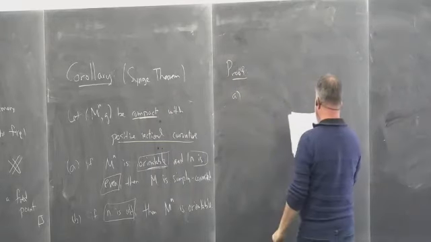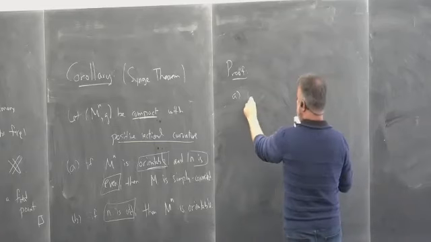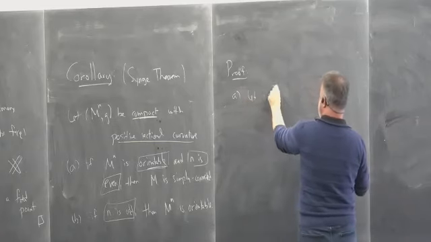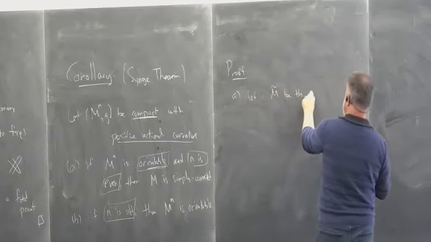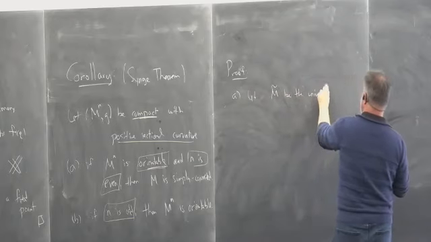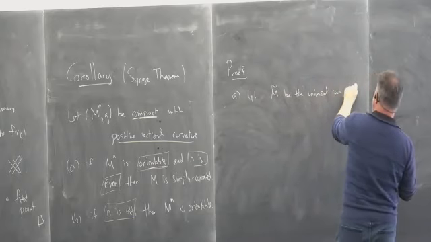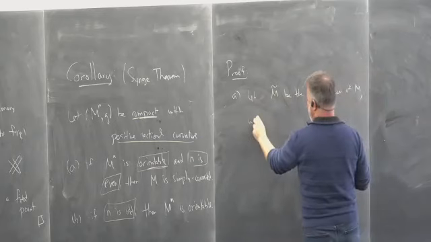So first of all, for part A, let M tilde be the universal cover of M with the covering metric.